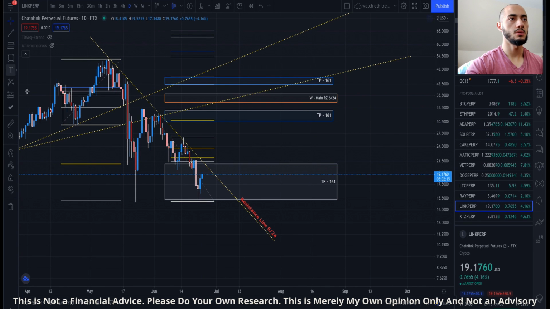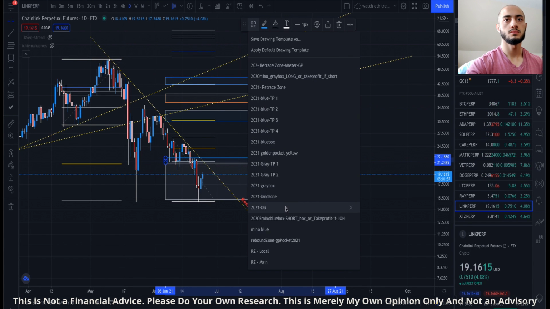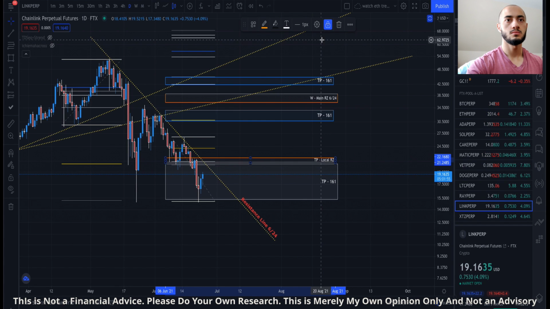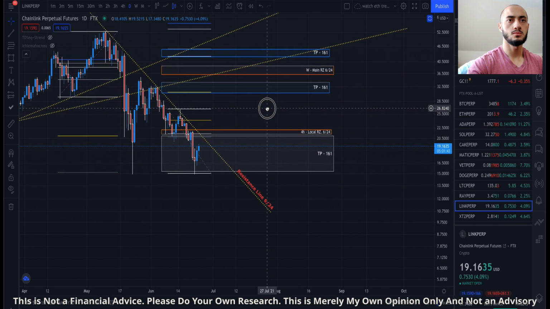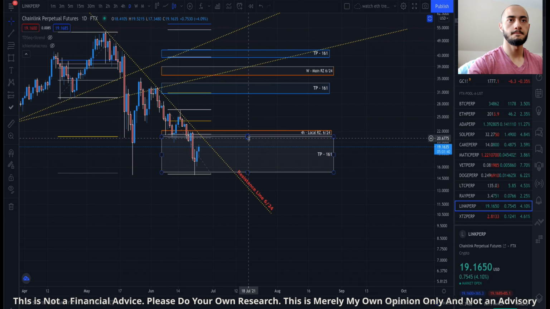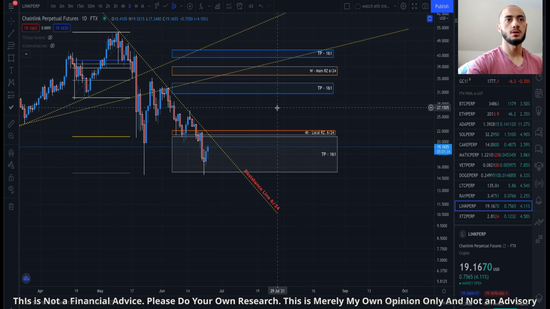If we break the resistance right here, you can see that we touched the resistance over here and we failed to break it.